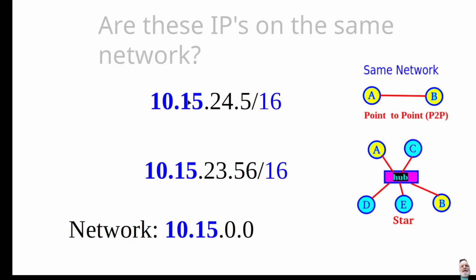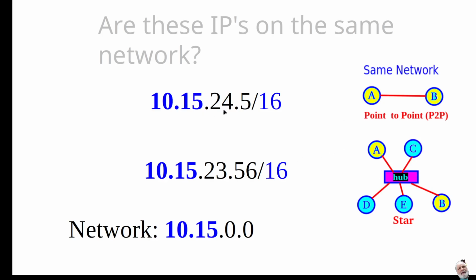So here's an example where we have A and B, say this top address is A and the second one is B, and we want to talk to the other device.